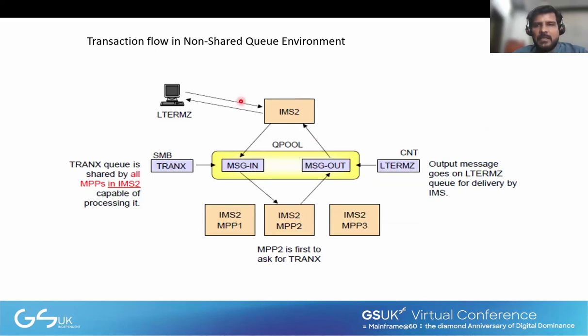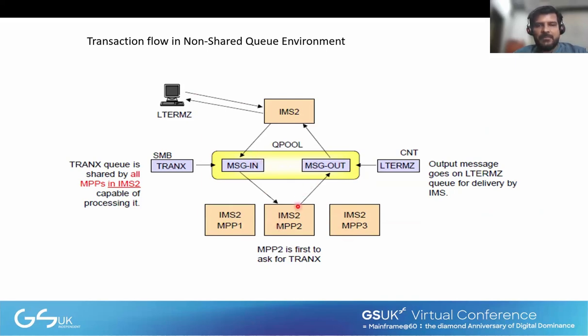Now let's look at the transaction flow in a non-shared queue environment. As you can see in the diagram, a user at terminal LTMZ is sending messages for transaction TranX. The message will first arrive in the queue pool buffer of the IMS. This standalone IMS, IMS2, has three dependent regions: MPP1, MPP2, and MPP3. So any dependent region which is available can schedule this transaction, TranX, and process the message.